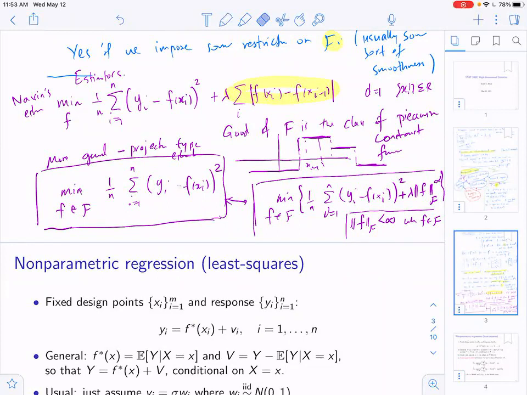This problem is a little bit abstract, but we want to see what we can say on the performance of this estimator. This would be f hat.